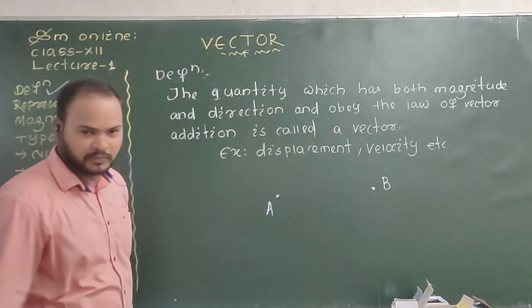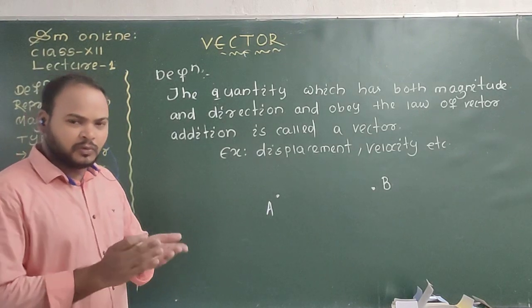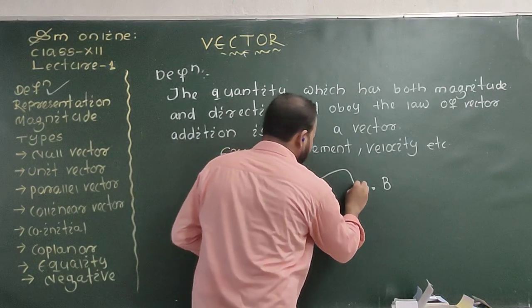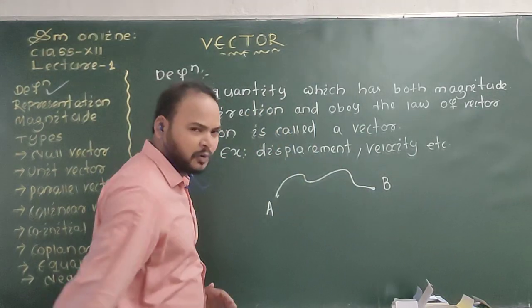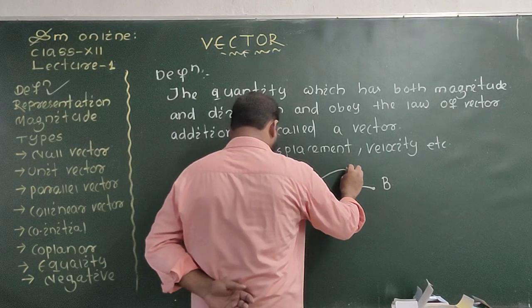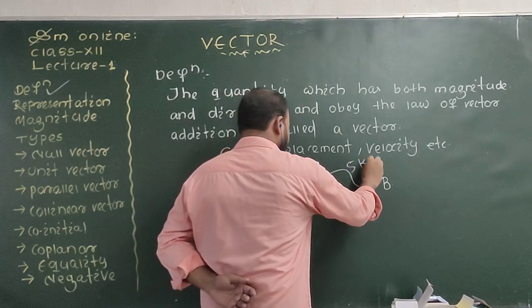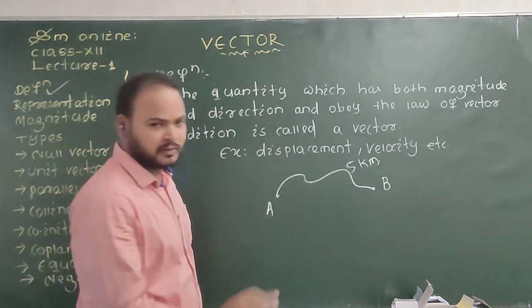Let us consider the total path between A and B is suppose 5 km. That means the length between A and B is 5 km.